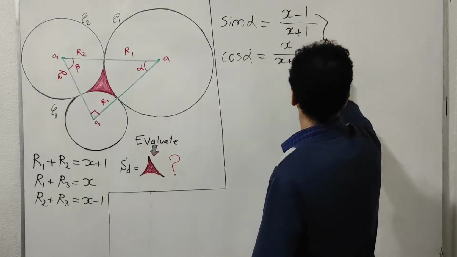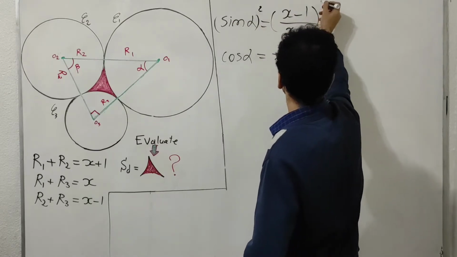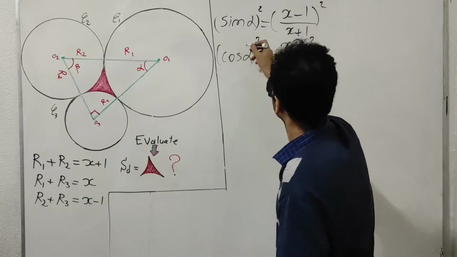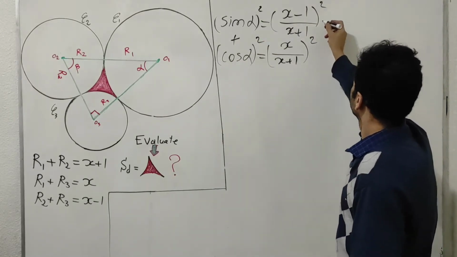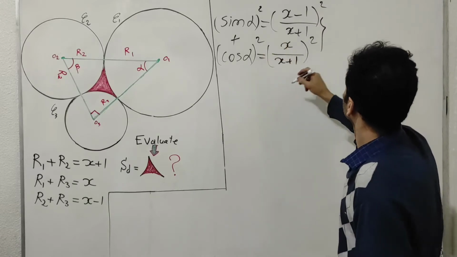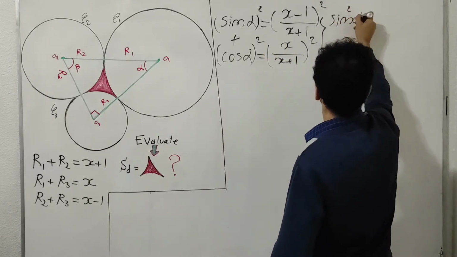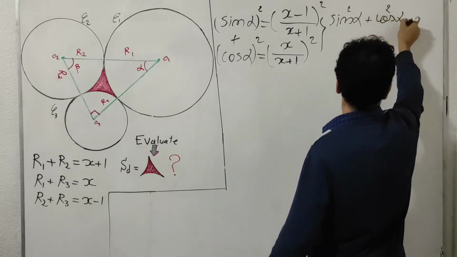So what I'm going to do now is square this on both sides, and sum them, putting the plus sign between. We know sine squared alpha plus cosine squared alpha equals 1.